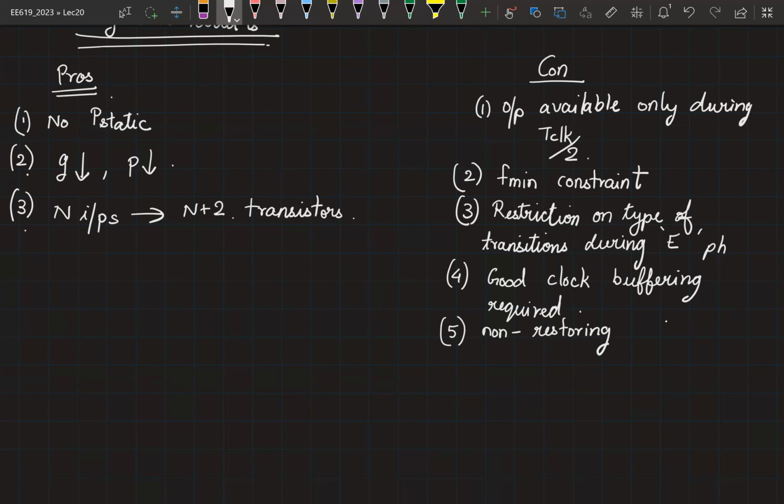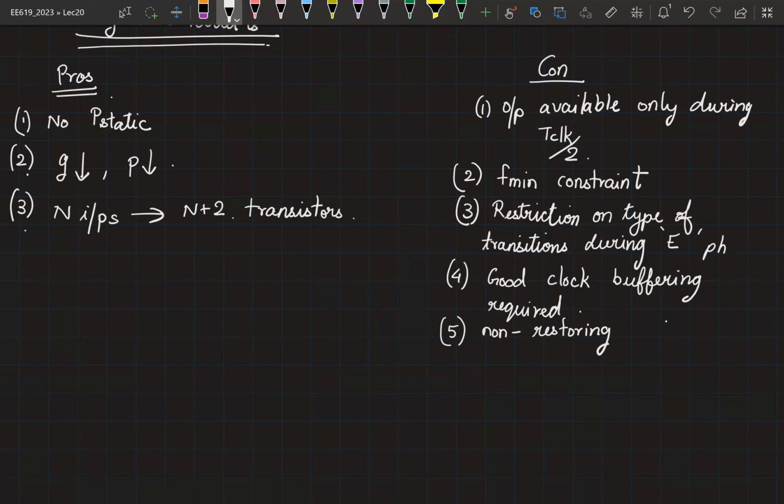So even if there is a minor glitch, it will auto-correct itself. That is not possible with a dynamic circuit. Once your output glitches to a value which is not under the control of, let's say, the output goes below VDD and your pull-up network was off, it cannot come back to VDD. So this gate is now non-restoring in nature.